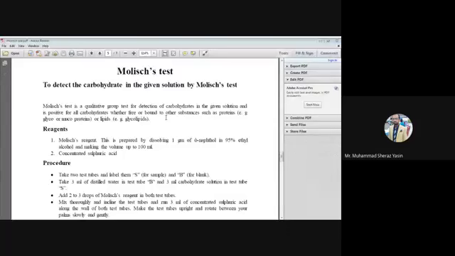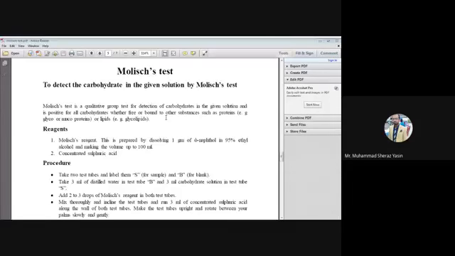That's why we call this test a group test for detection of carbohydrates. You can detect any form, any class, any group of carbohydrates. It would be a general test for detection of carbohydrates.